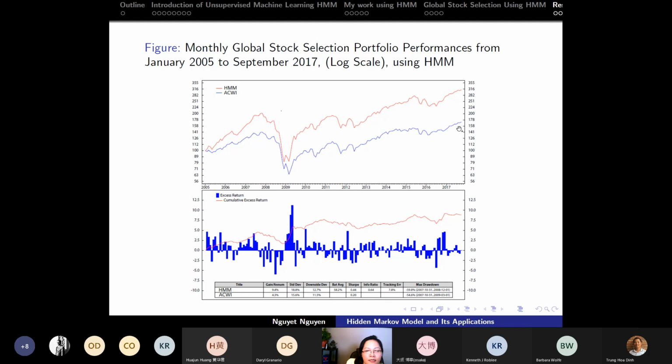We assume that at the beginning we invest $100 in 2005, and in 2017 we have 316. If we only invest in the all world index, the ending is about 170. So when we use a hidden Markov model in trading, you have higher returns.